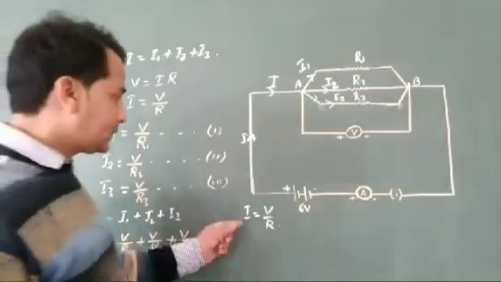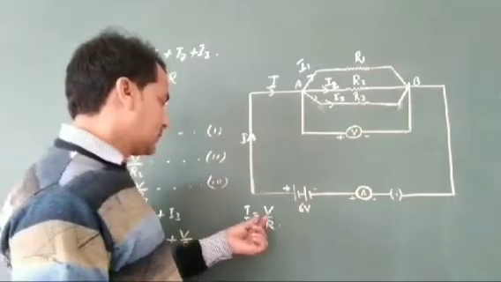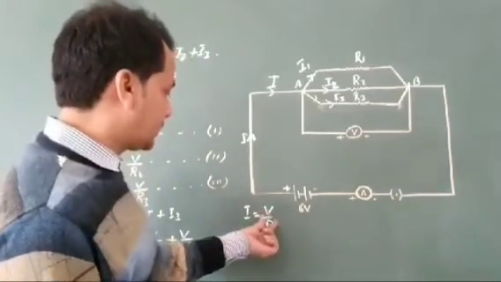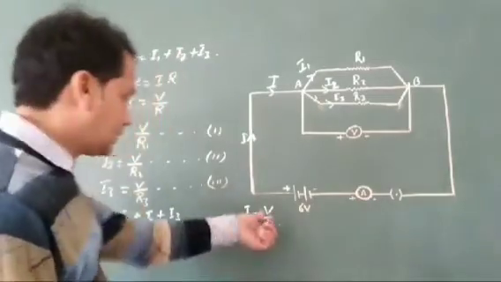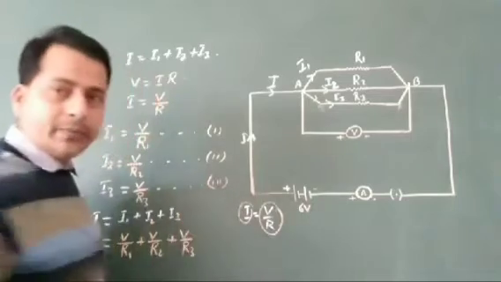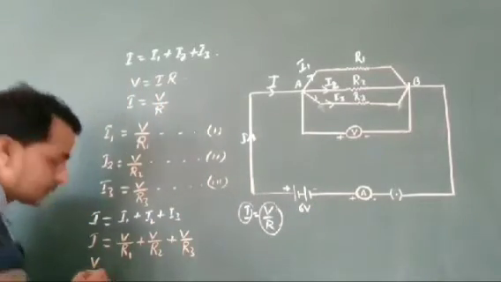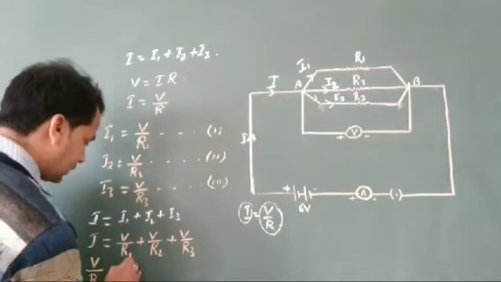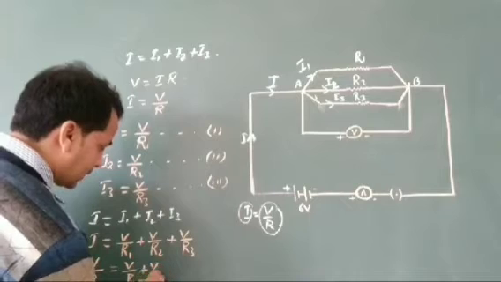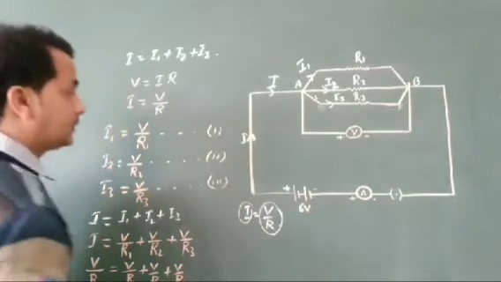And the net current I equals V by R according to Ohm's law, the ratio of potential difference and resistance is the electric current. So net current I equals V by R. Then V by R equals V by R1 plus V by R2 plus V by R3.